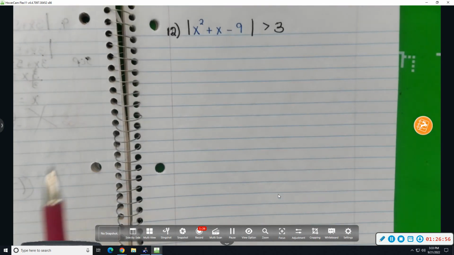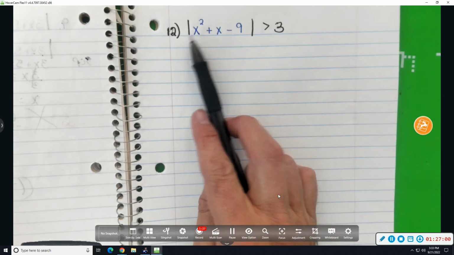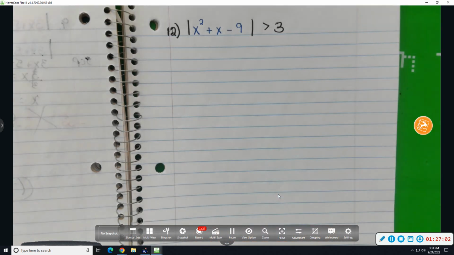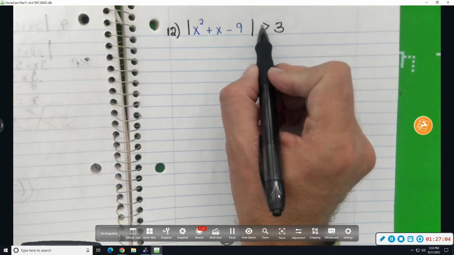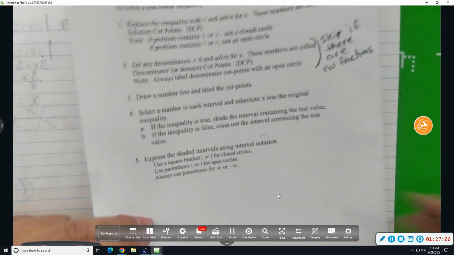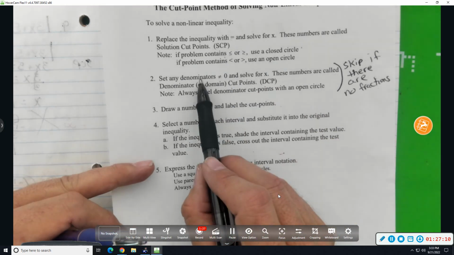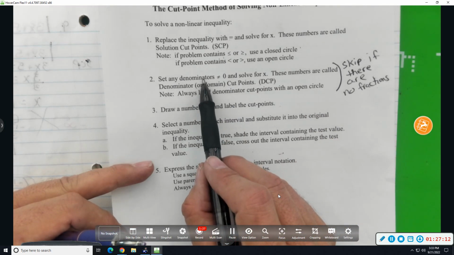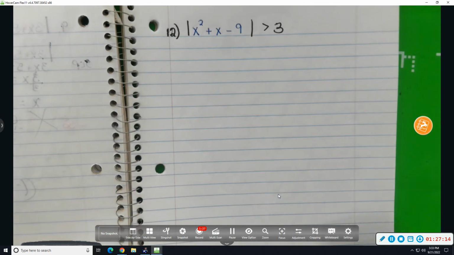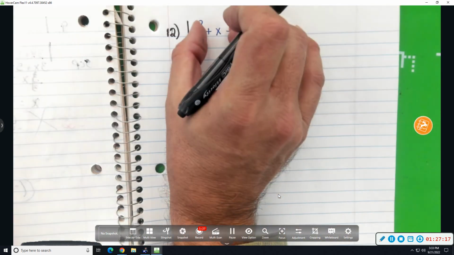Well, do I need to isolate the absolute value bars first, or are they already done? They're already isolated. So we go straight to solving it with an equals. We don't have any denominator cut points because there's no fractions. So what are the two numbers that have to be in here?